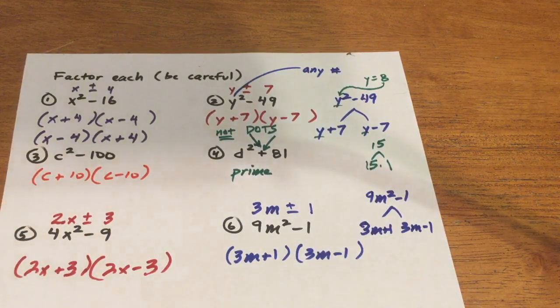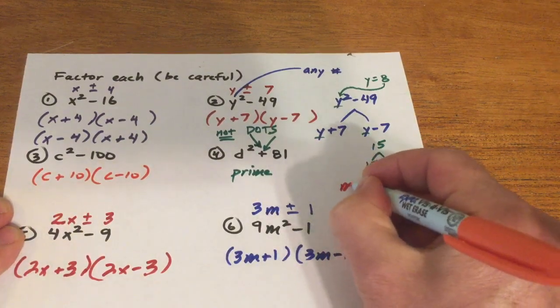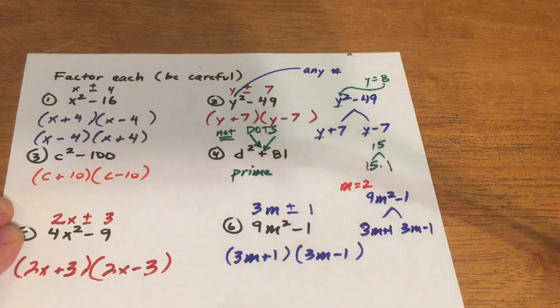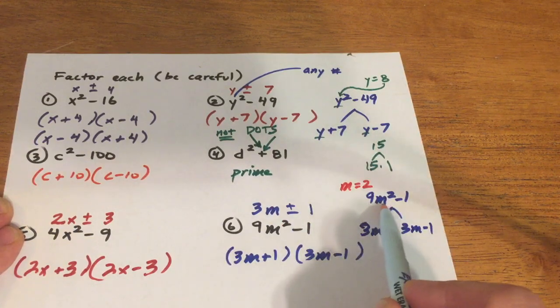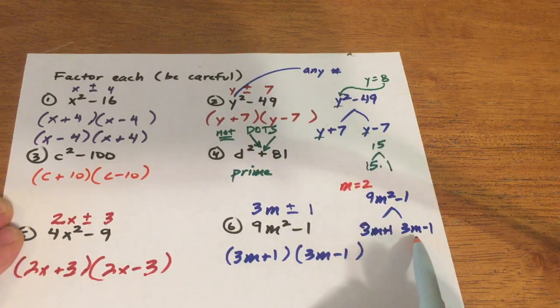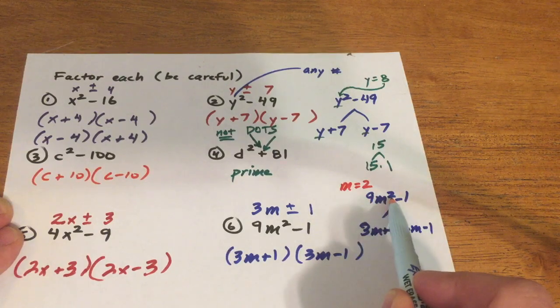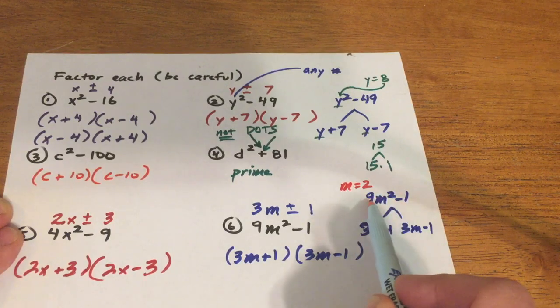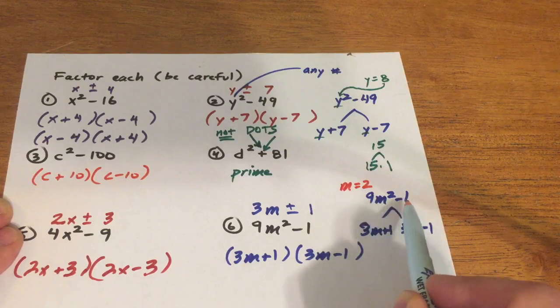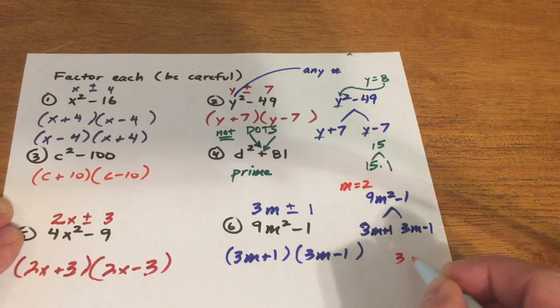Now, again, let's go ahead and choose a number. I'm going to choose a number not too big. I'm going to choose m equals 2. But again, you can choose whatever number you want. Let's plug in 2 right here for this m, that m, and that m, and see what we get. Well, if we plug in 2, 2 squared is 4. 4 times 9 is 36. 36 minus 1 is 35. So the top is 35.